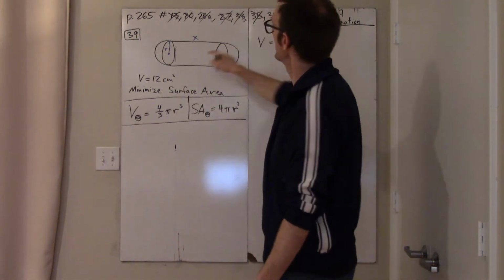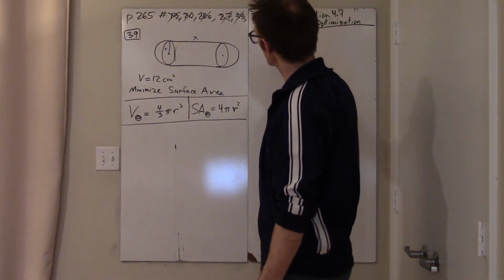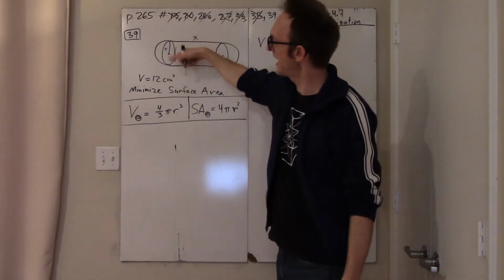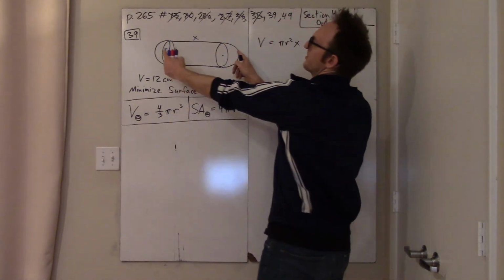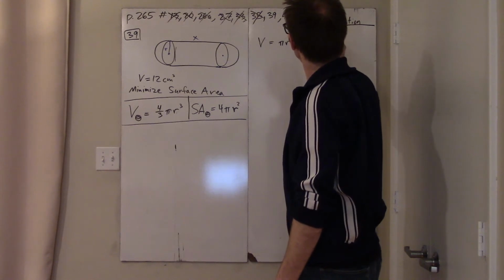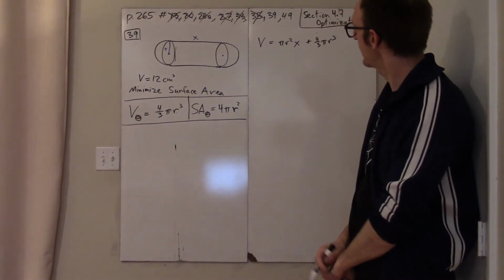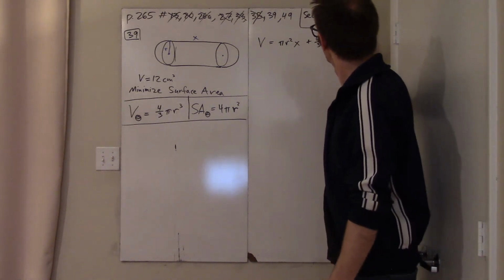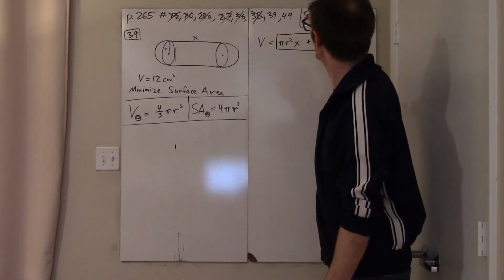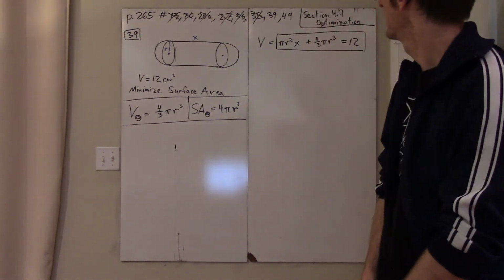The volume of the cylinder is pi r squared x, because area of the base times the height. The volume of the sphere is 4/3 pi r cubed. And this equals 12. Though this kind of sucks, this is a relationship between r and x.